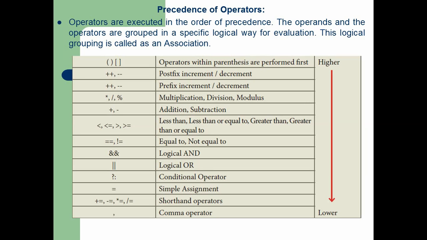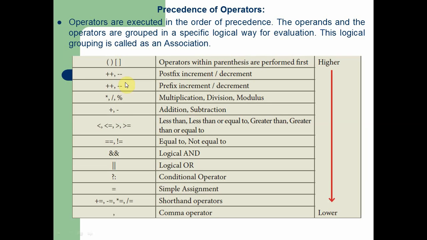When an expression combines all these operators, how will the C++ compiler execute them and provide the result? The operands and the operators are grouped in a specific logical way for evaluation. These logical groups are called association, and all the operators are evaluated as per this rule.